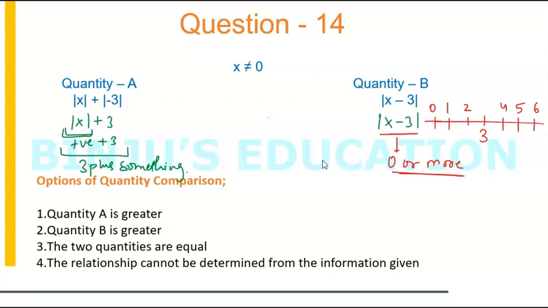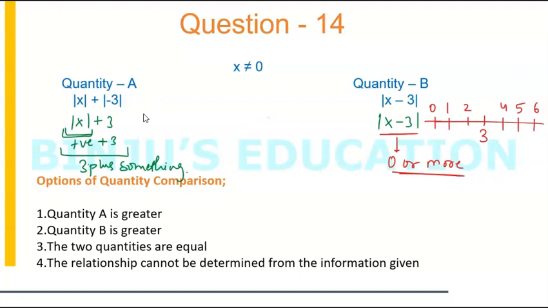So quantity B can be less than quantity A. If you take x to be 4, then 4 plus 3 will be 7, but mod of 4 minus 3 will simply be equal to 1. So quantity B can be less than quantity A depending upon x. And quantity B can be equal to quantity A also.